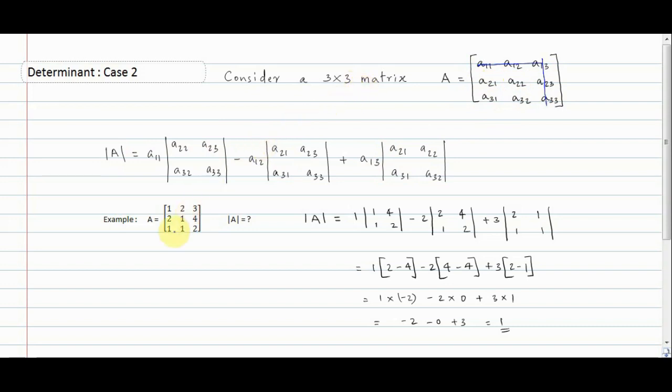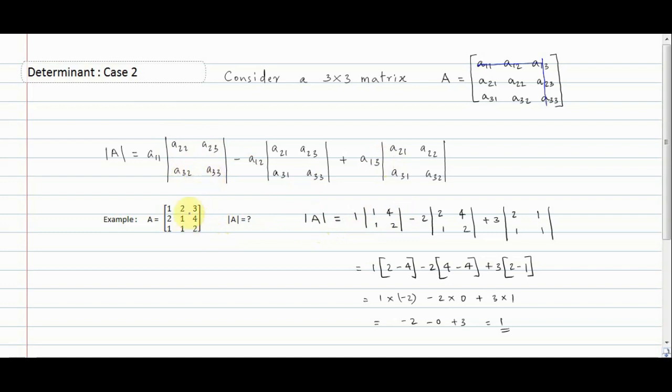Now let's see an example. Here we have an example matrix given, A equal to 1, 2, 3, 2, 1, 4, 1, 1, 2. Now let's try to calculate the determinant value of this matrix using this formula. So if you calculate, we will get like this. Determinant of A will be equal to A11 is 1, so 1 into the determinant of A22, A23, A32 and A33.